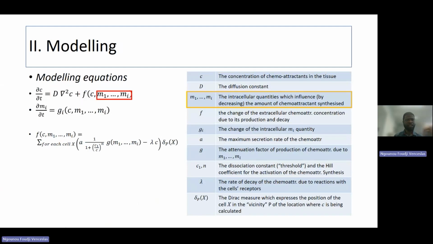This production takes into consideration those MIs, which are the intracellular quantities that influence the amount of chemoattractant synthesized, because in reality, in biology, there is a lot of complexity inside the cell.